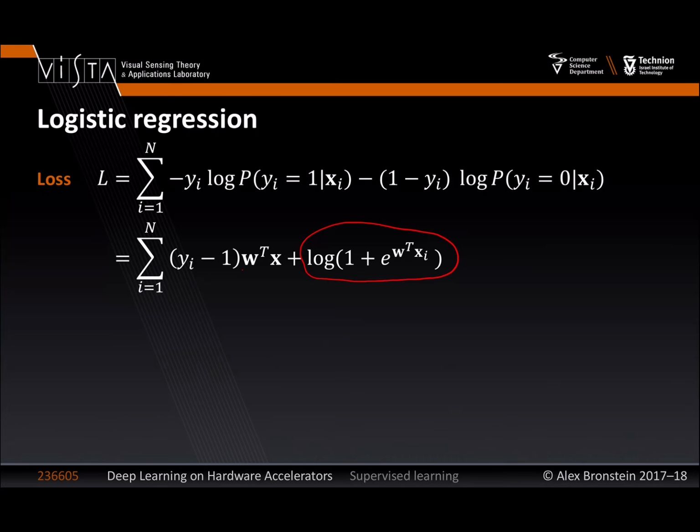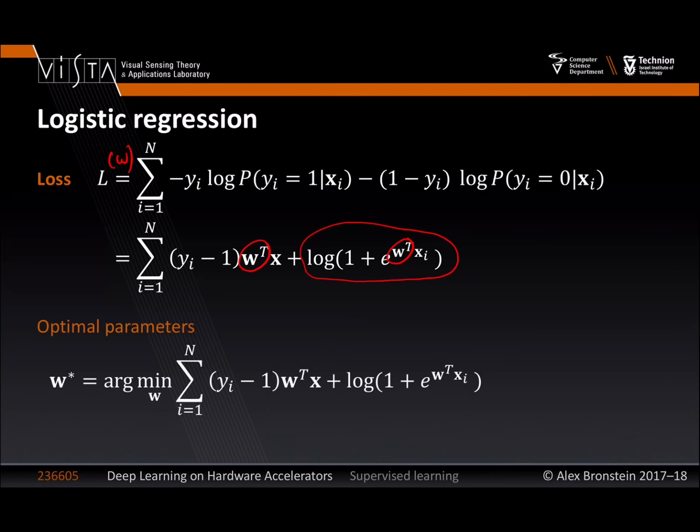It's quite straightforward. This is the loss we would like to minimize with respect to the parameter w, so it's a function of w. We would like to find the target distribution, which is the conditional distribution of the label given the data. In our case, we modeled it as a parametric distribution, so we just need to find the optimal parameters. So we would like to minimize this loss.